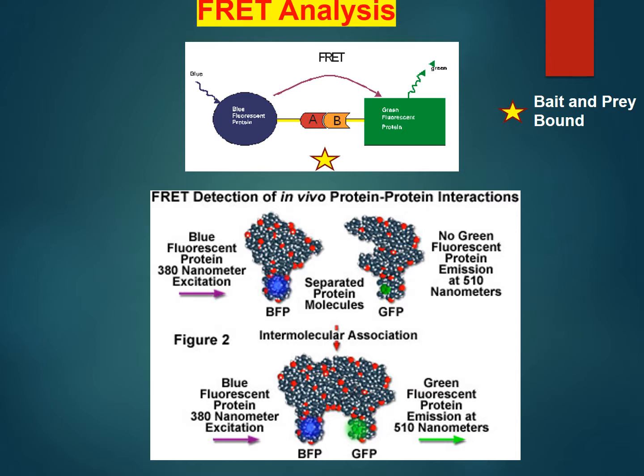And so the concept of FRET is this is inside the cell. So this is in vivo. Okay. So now you see we have another technique that's in vivo. This is real time, kind of like the 2 hybrid system is real time. And we take protein A and protein B and tag them with 2 different fluorescent molecules.